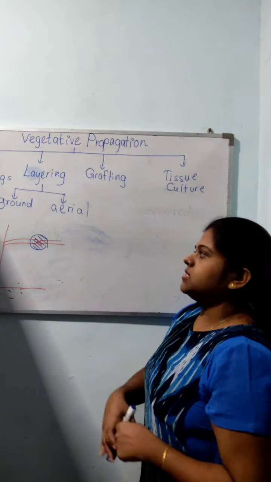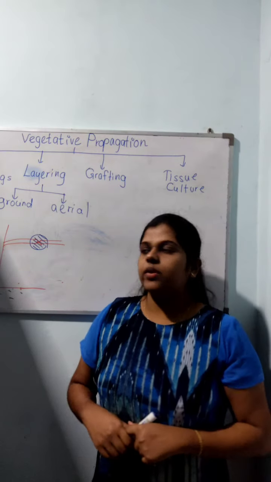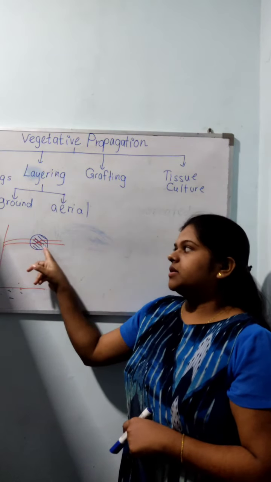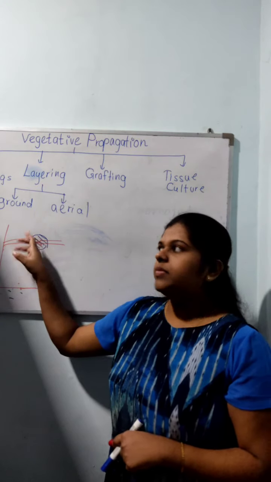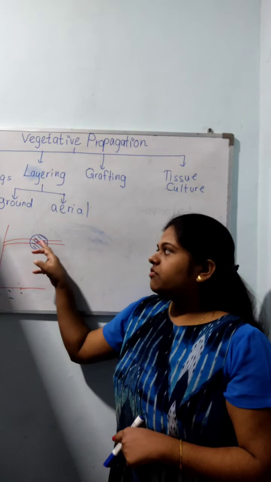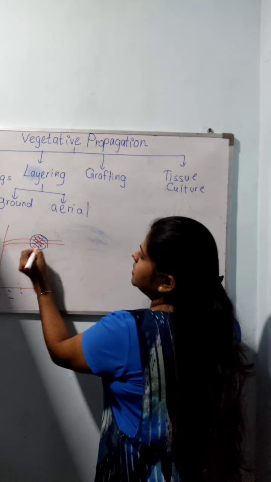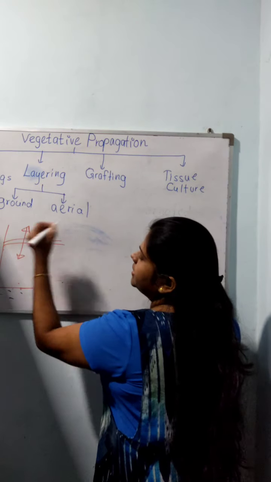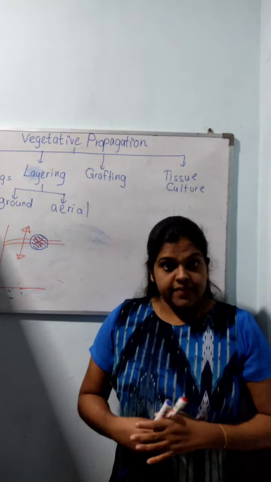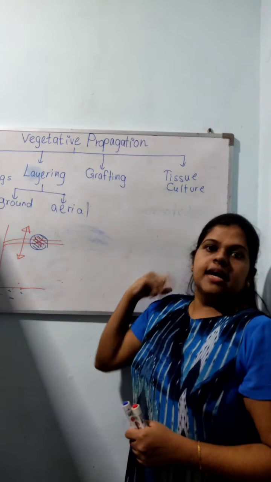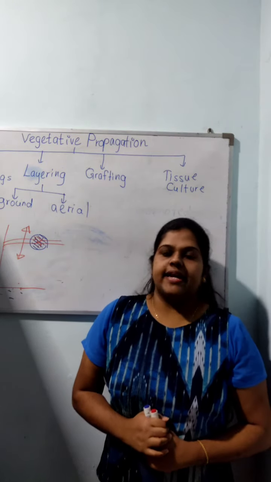After a few days, you can see the roots coming because this is a very good nutritive medium. So the roots come from this bark. Then you can separate this plant from the mother plant and grow it in a separate place.